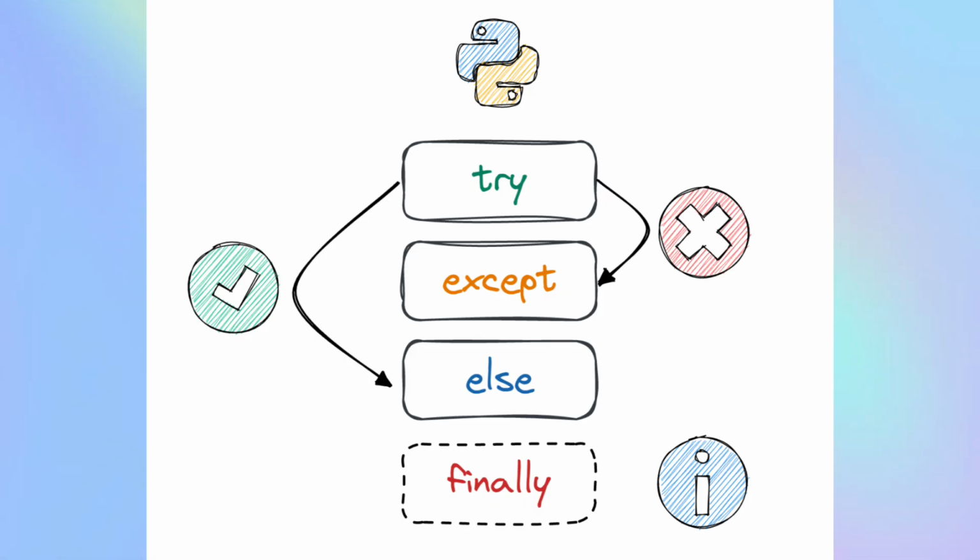Another diagrammatic representation: try, except, else, finally. Try goes directly to else, or try goes to except, or else, then finally. If there is a mistake it goes to except, if right it goes to else.